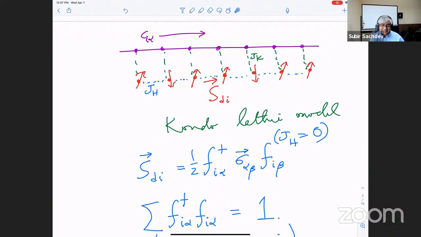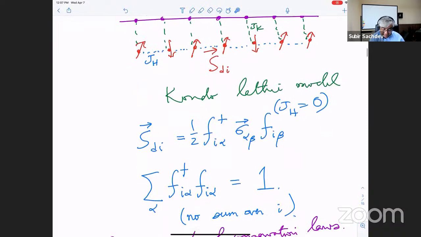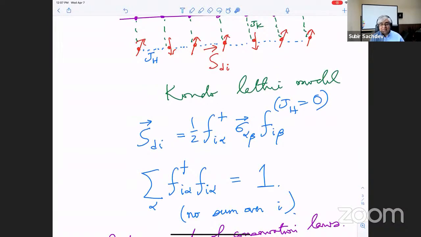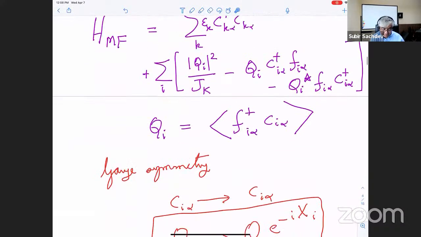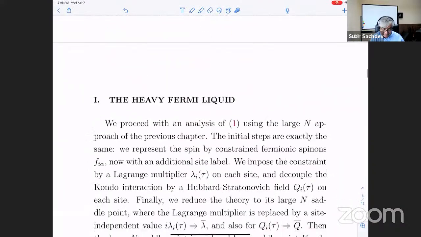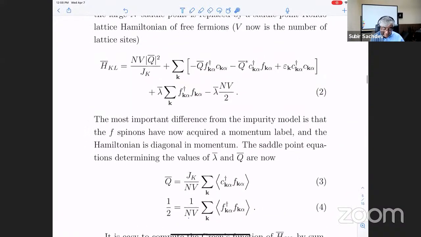You factorize the full four-fermion term into products of two-fermion terms. And the constraint you impose by introducing a Lagrange multiplier or chemical potential, which we call lambda, and just adjust the value of lambda so the constraint is satisfied. Okay, so that's what you do. And when the dust settles, you get a set Hamiltonian, which is here.